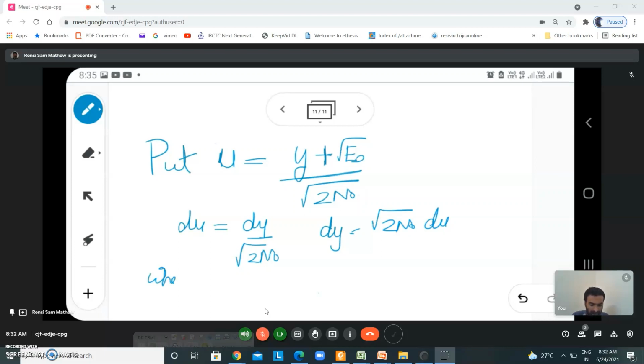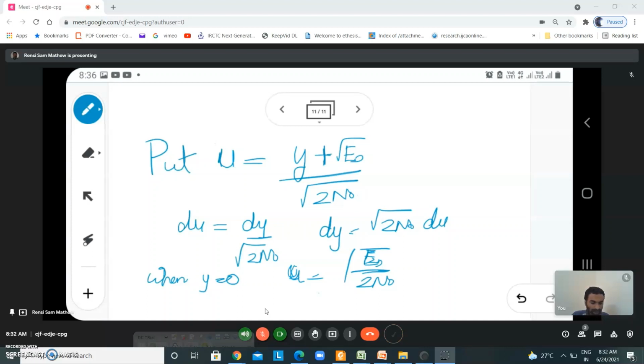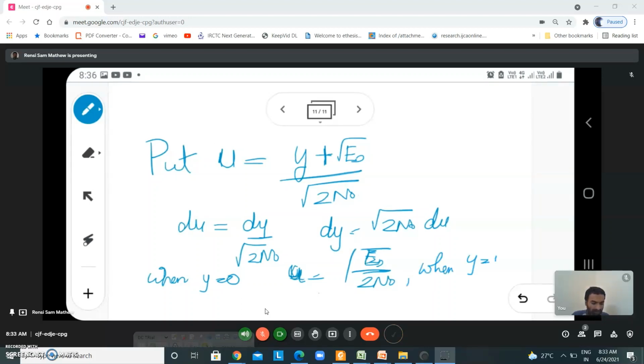Now for the substitution of the limits: when y is equal to 0, u is equal to square root of Eb by 2N0. And when y is equal to infinity, u is equal to infinity.